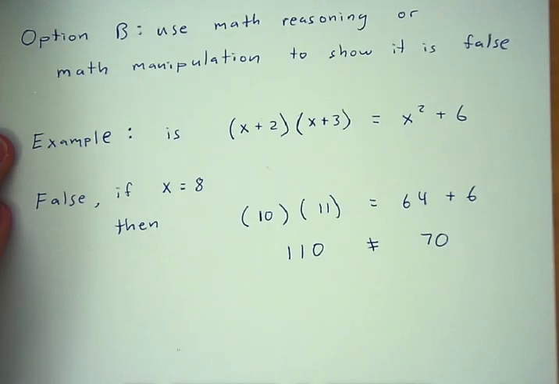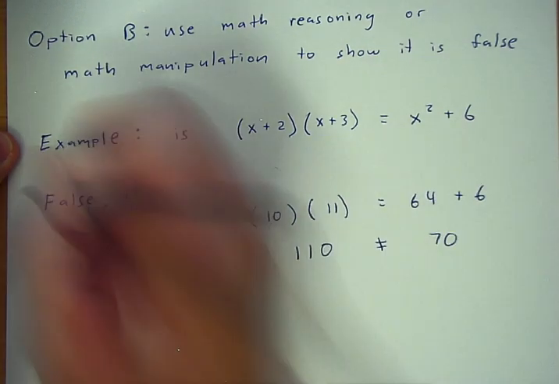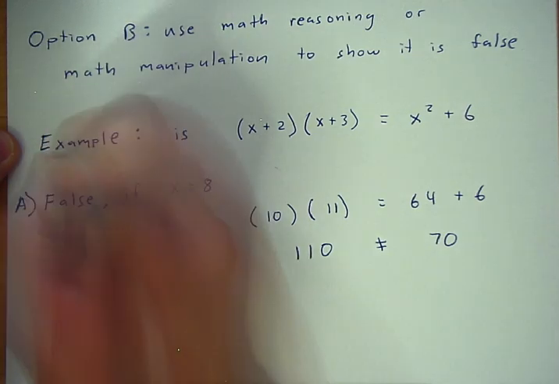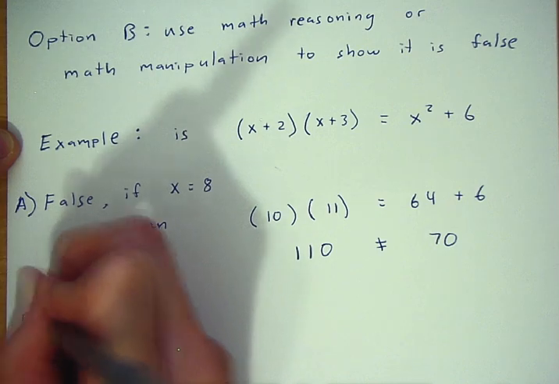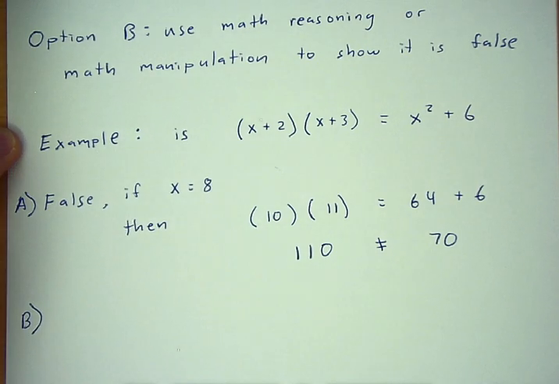Option B, you could use math manipulation. So let's call this label as A. So option B, I can use math manipulation.